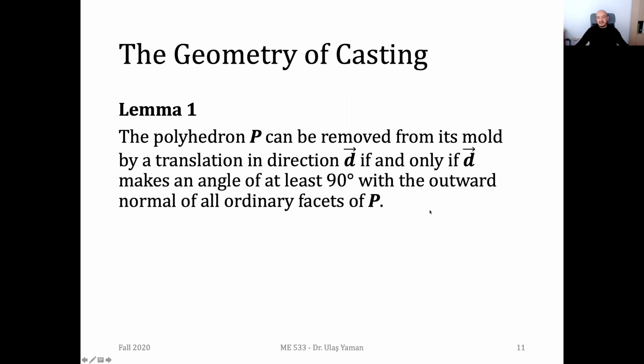For instance, if there are, let's say, 6 faces and 5 of them have angles more than or equal to 90 degrees, but if there is only one facet having an angle of, let's say, 85, then it's not possible. You cannot say that the given mold is the correct one. So you should find another option, or you may state simply that this part is not castable with a single mold.